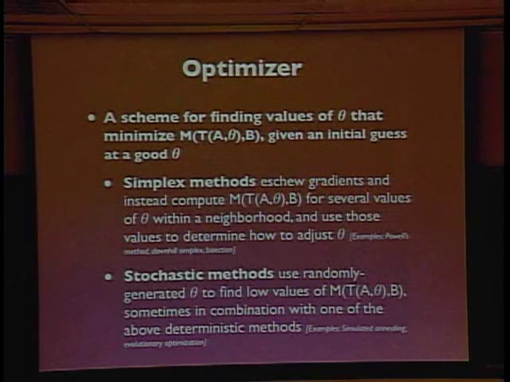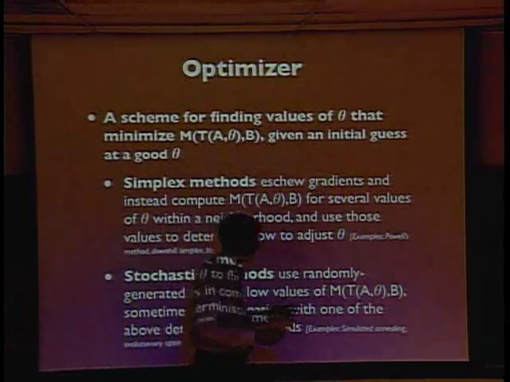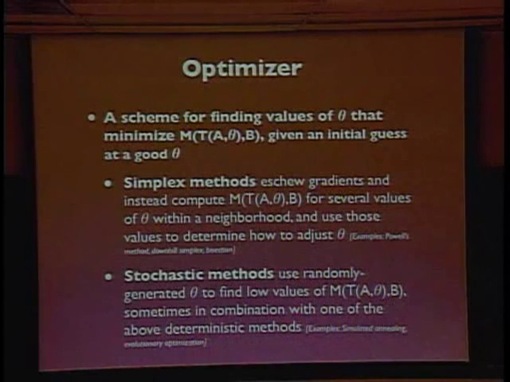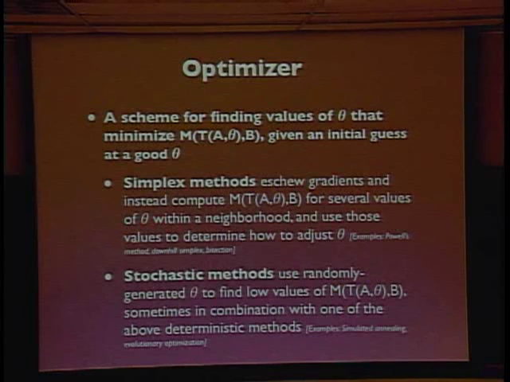Then finally, there are these things called stochastic methods, which is something like taking a random walk or a semi-random walk. Given an initial set of values for your parameter vector theta, you take a random leap to a new location and evaluate the goodness of fit there, how low M is.